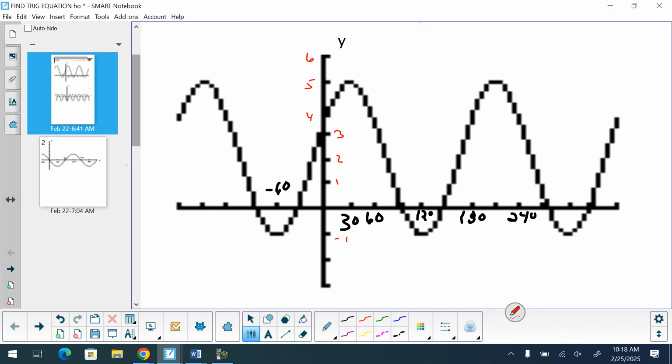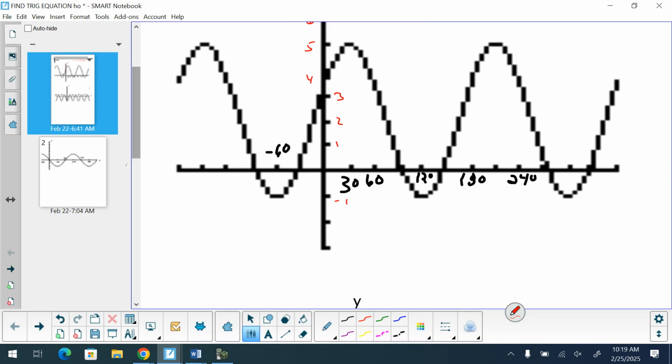Once again, what you're going to have to do is determine the amplitude, the period, and along with this, a B value, a vertical phase shift, and a horizontal phase shift. You're going to develop these values and then plug them into the equation.